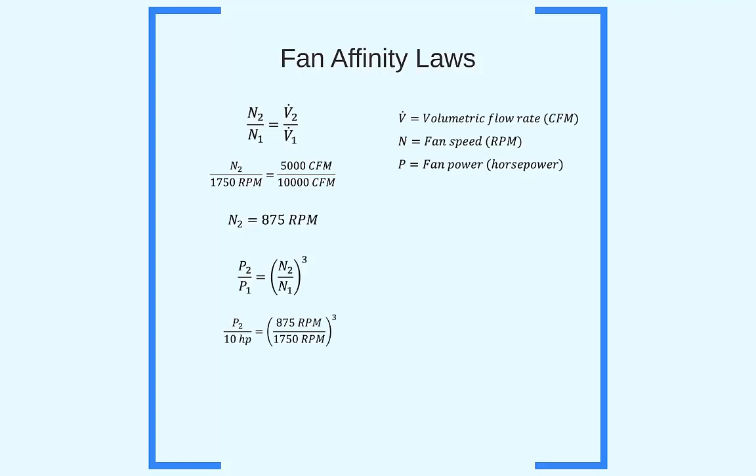We want to cut the flow rate in half, so we subsequently run the fan at 875 RPM. The resultant power being consumed would then be 1.25 horsepower. That is an 87.5% reduction in power being consumed. That is the reason why variable air volume systems have become the norm, because of the incredible potential to save energy at part load conditions.